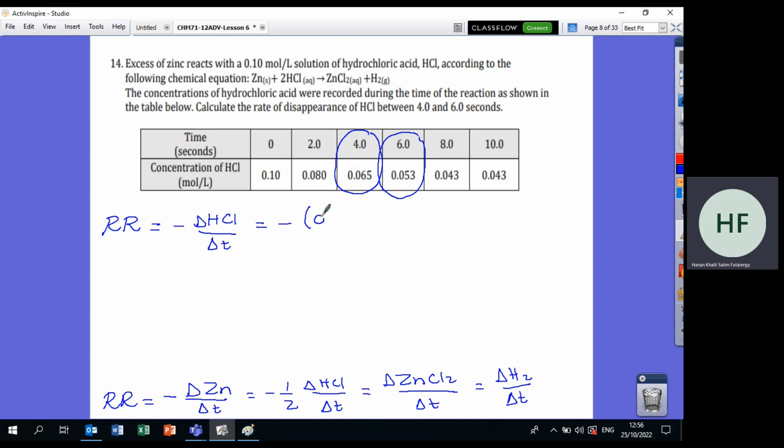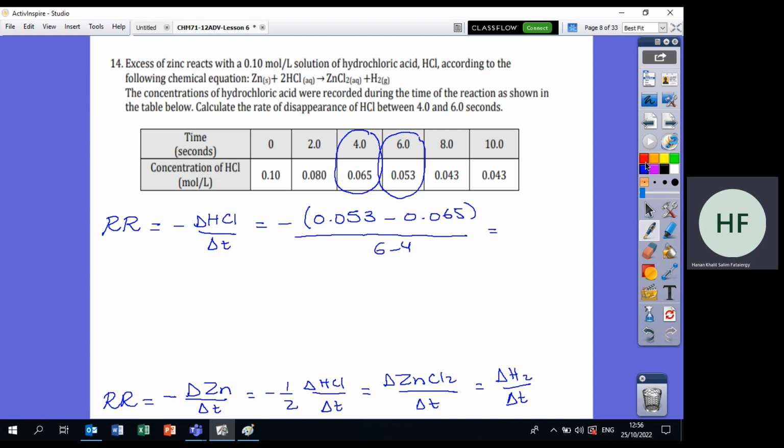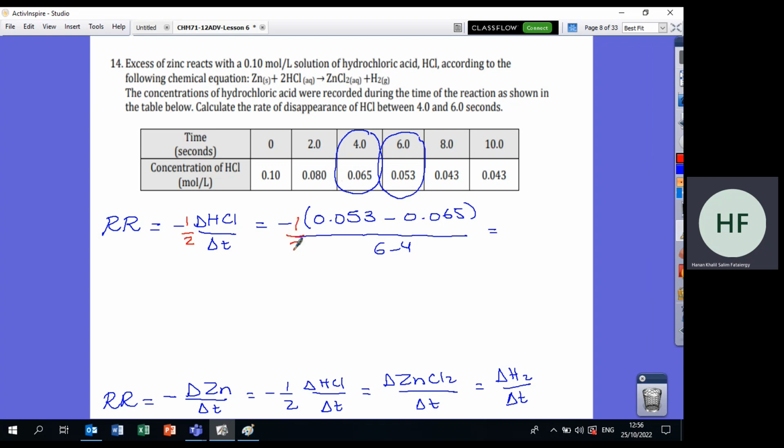Now the final is 0.053 minus 0.065 over 6 minus 4, and they forgot the half. If you forget the 2, which becomes 1 over 2, you will get your answer wrong. So be careful. Here it should be 1 over 2, and here you should put 1 over 2. And then when you find the final answer, the unit will be moles per liter times second.